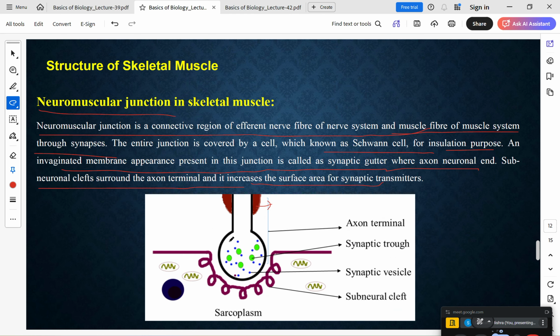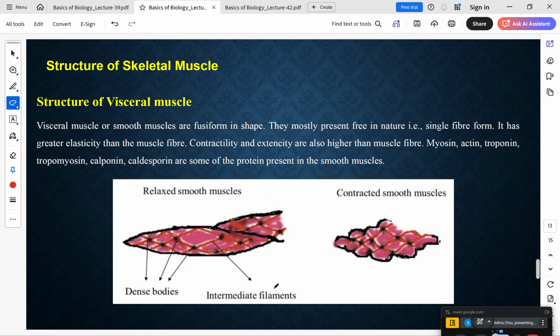So in general, when there is a need for a movement, the synaptic vesicles here get released into the synaptic cleft, and then they are detected by the sarcoplasm, which allows for the release of calcium ions present in the sarcoplasmic reticulum into the sarcoplasm of the sarcomere. This then allows for the movement of the muscles, the contraction within the muscles.